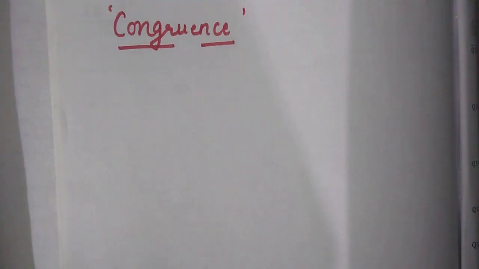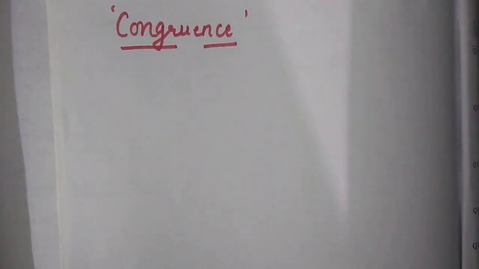So students, in our daily life we see many objects around us which have same shape and size. Objects that have exactly same shape and same size are congruent to each other. Again I am repeating, the objects that have exactly same shape and same size are congruent to each other.